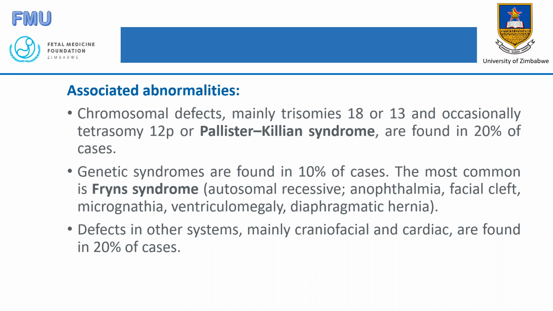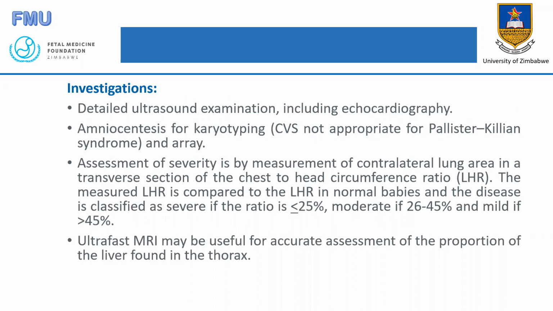Then defects in other systems, mainly craniofacial and cardiac, are found in about 20% of the cases. As you can see, congenital diaphragmatic hernia has many associations, and there is need to carry out a detailed examination of the baby, including fetal echocardiography, and amniocentesis for karyotyping.